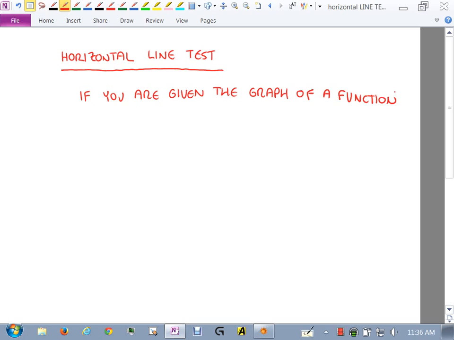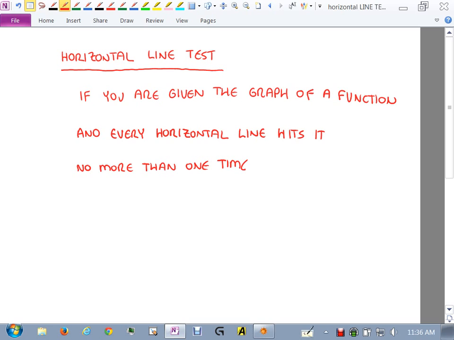You're looking at it there. Visually, you're just looking at the graph. If every horizontal line hits it no more than one time, then it is a one-to-one function.